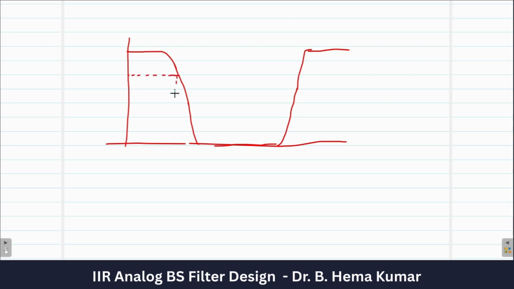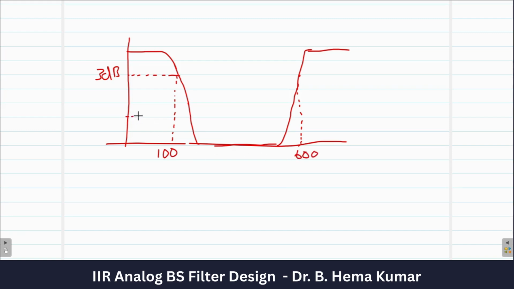I'm just creating a frequency response curve. My Butterworth filter will have a very flat passband and stop band. It will not have any ripples. If it is a Chebyshev filter, you're going to consider some ripples. So this is my flat passband and stop band. As per the question, this point is given as 3 decibels passband attenuation, and the range is from 100 to 600 Hz.